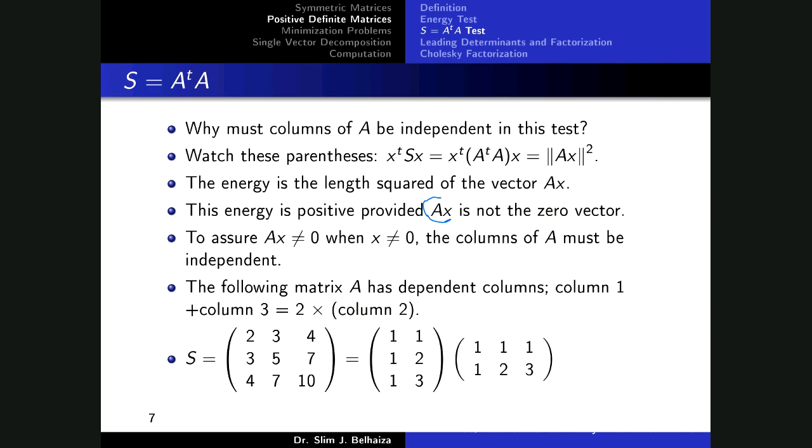So to ensure that Ax is not equal to 0 when x is different from 0, A must have independent columns. So for example, here we see that this matrix has dependent columns, so it cannot be said to be positive definite.